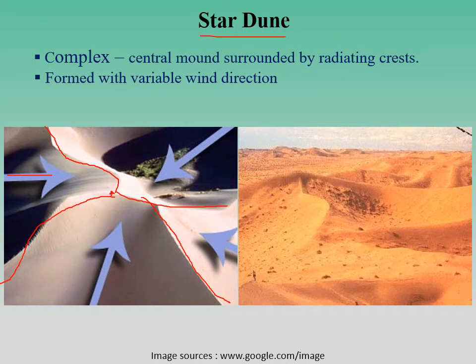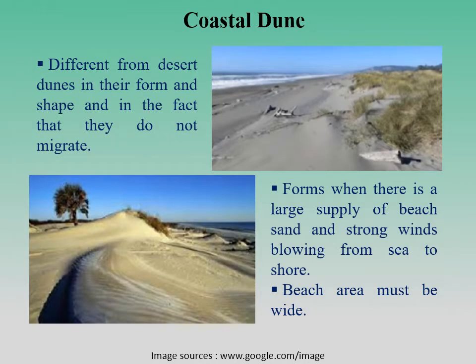Now, in the coastal area also, which is not so dry, because coastal areas feel the effect of the marine water activity, and there is lots of moisture in the atmosphere. So in those areas, sometimes dunes are also found to occur, and these dunes are known as coastal dunes.